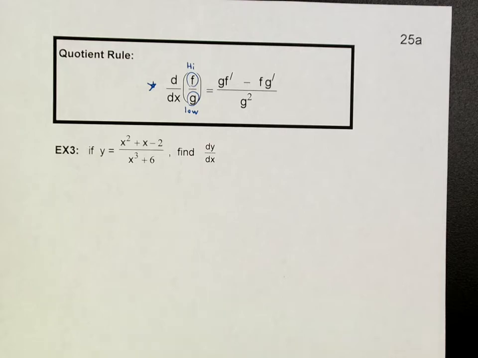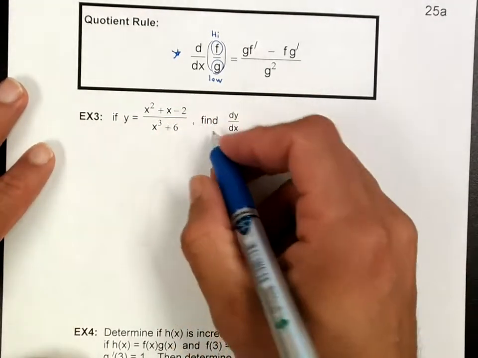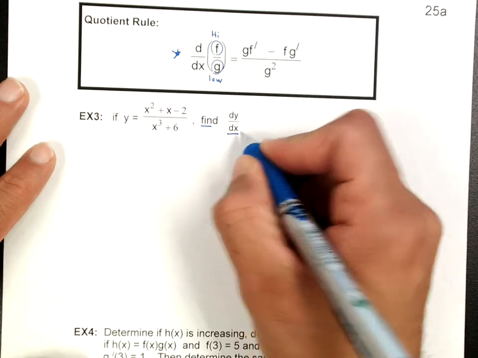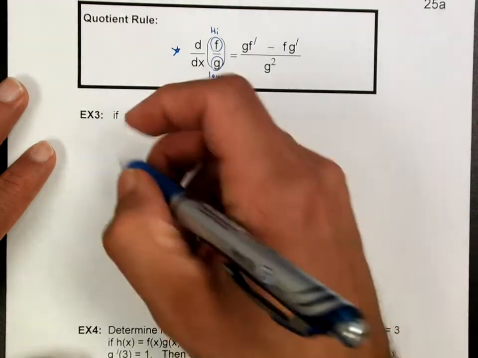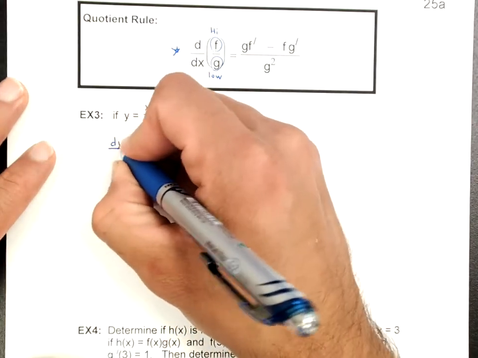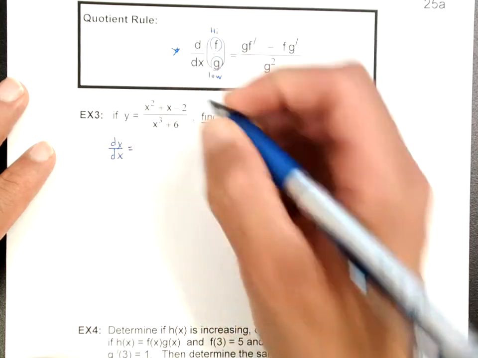All right, so let's go ahead and take the derivative. It says find dy dx. Remember that just means the derivative. So dy dx is equal to, now we're going to use this.